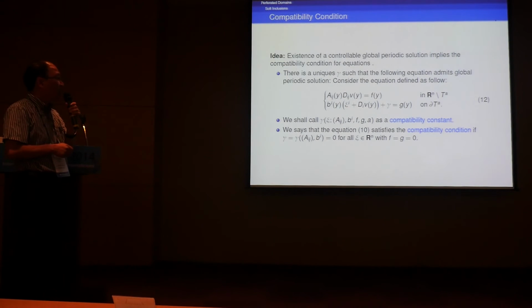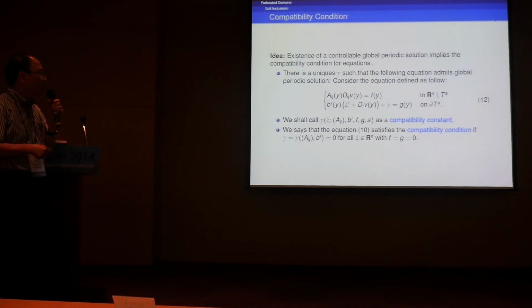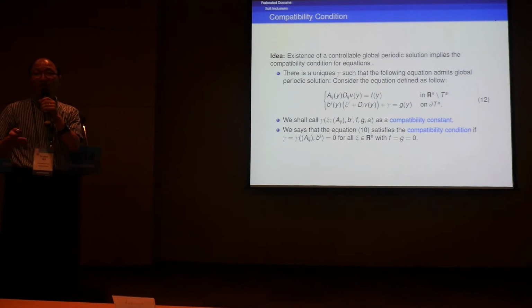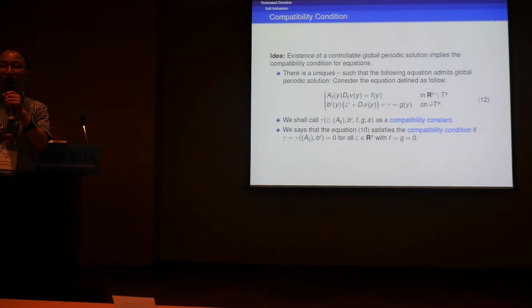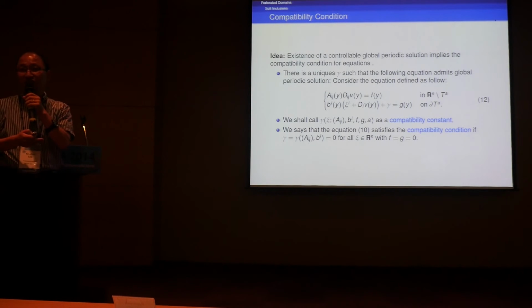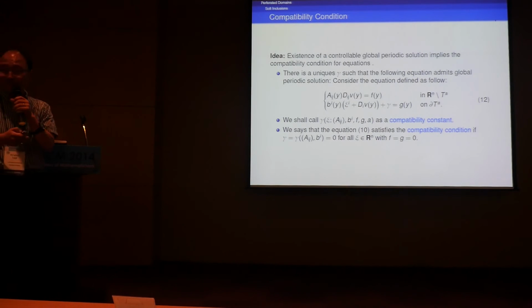For any direction xi, we find this gamma, and we call this gamma the compatibility constant. And we say the equation satisfies the compatibility condition if this constant is zero for any xi. And definitely the standard Neumann condition for the Laplace operator satisfies this condition, and we created a couple of non-trivial examples.